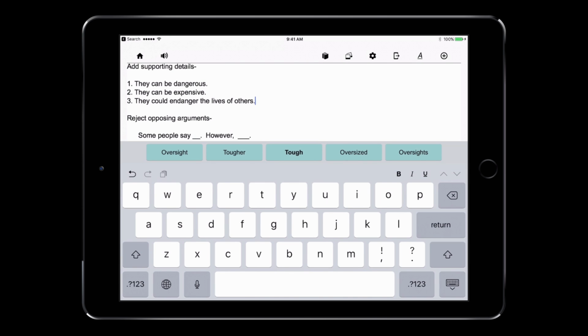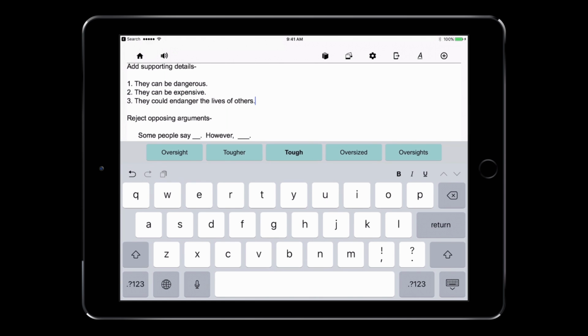The next step is the R piece, which is reject opposing arguments. This can be one of the most challenging pieces for students because it's very, very difficult to look at the other side of an argument and then prove that other side wrong. So I always give them this sentence structure when they're first starting out rejecting opposing arguments.